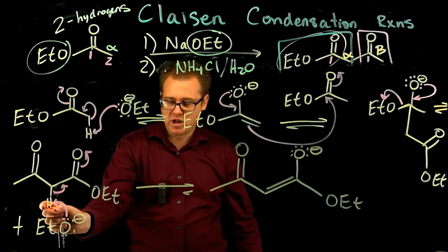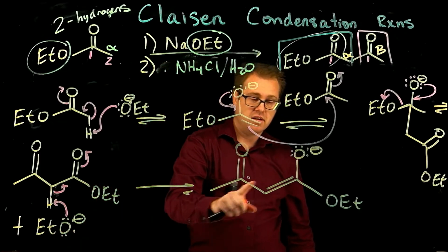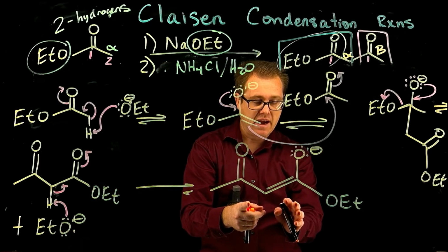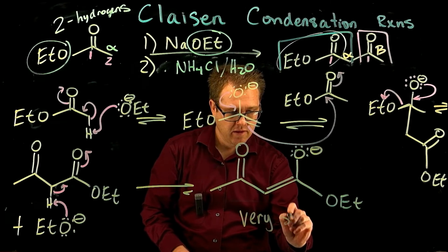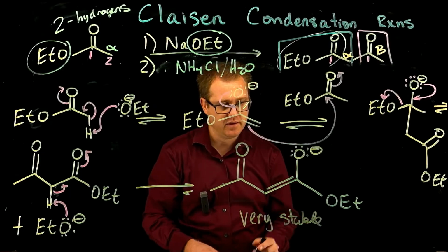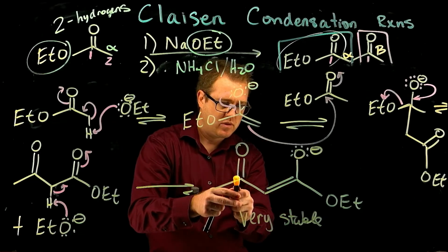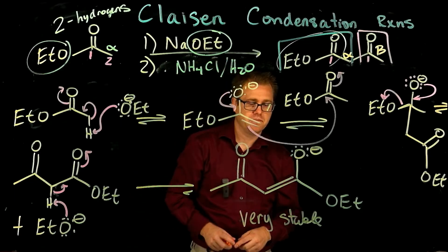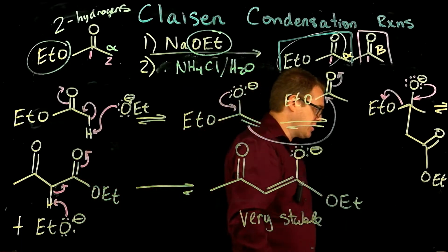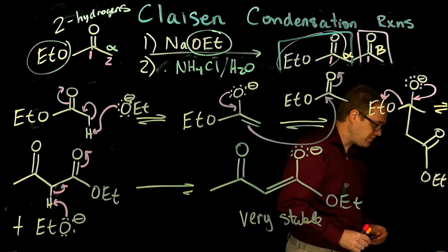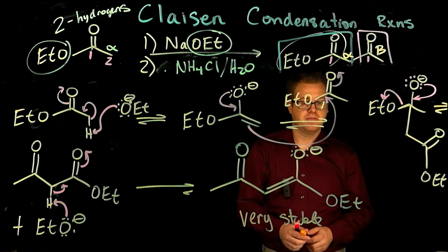So because this proton is very acidic, we're in basic conditions, and this intermediate, or this species right here, is very stable. All right. Why do you think it's very, very stable? Double, single, double. It's conjugated. So it's very stable, and because it's so stable and you can't stop it, the reaction is driven to completion. And that's where the reaction stops.